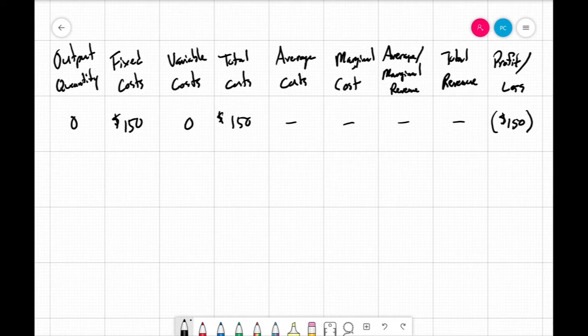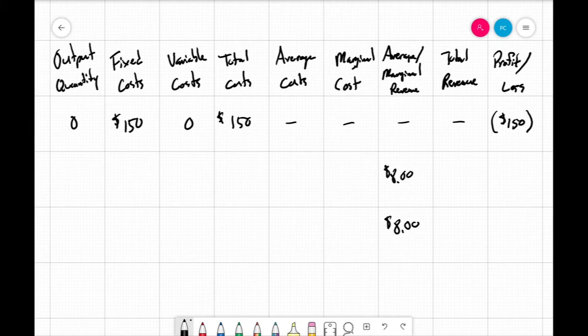At some questions regarding calculation on the practice. So set up the chart the way it looks in your question, except add the average and marginal revenue for the two that I'm going to do.